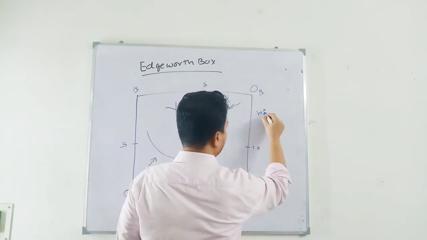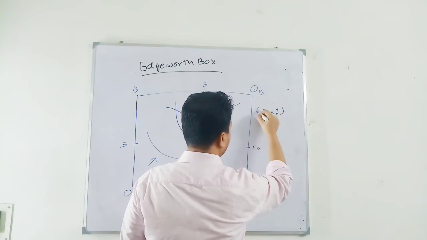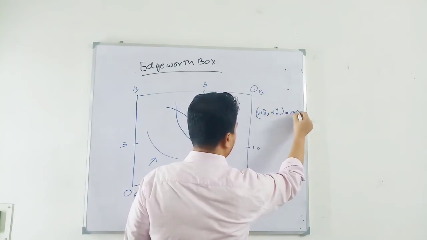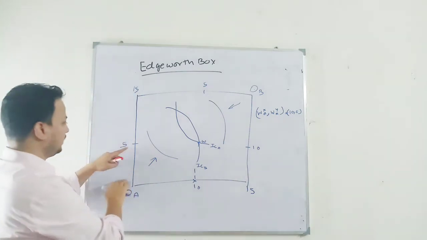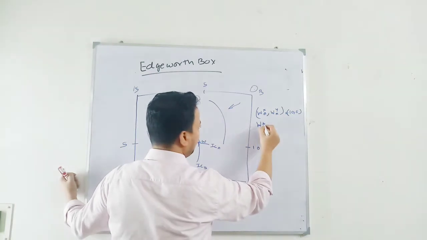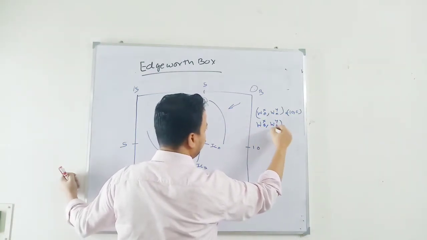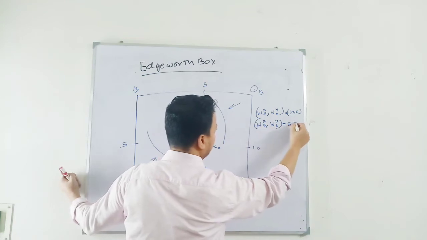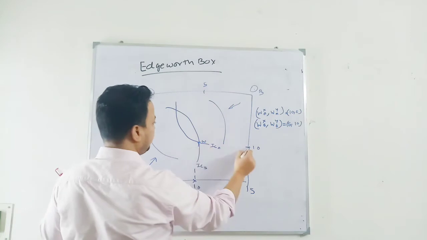Endowment of good X with A, endowment of good Y with A is 10, 5. So 10 units of X and 5 units of Y. So I get one endowment point. Similarly, endowment of good X with consumer B, endowment of good Y with consumer B is 5, 10. So 5 is the endowment, I get one endowment point, and 10.